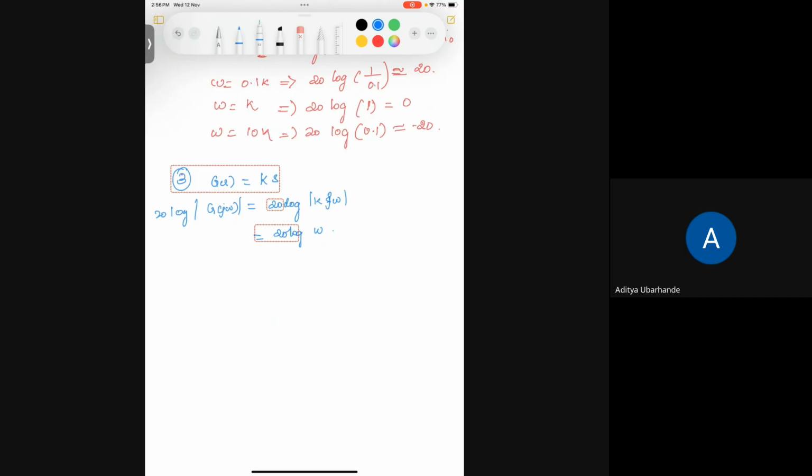Tell me what would be k omega when omega equals 0.1k, k, and 10k.